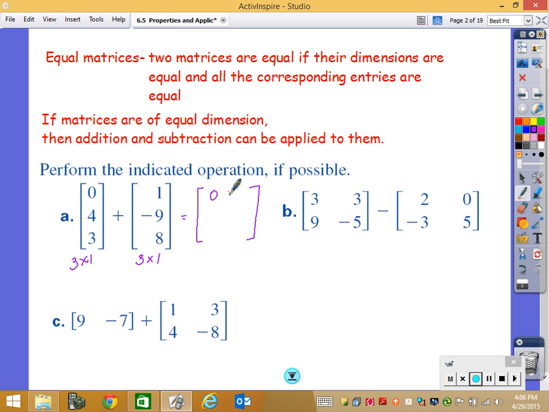Element 1 plus element 1, 0 plus 1, 4 plus negative 9, 3 plus 8. And it results in the matrix 1, negative 5, 11. Both of these pieces are going to be needed to show to give you credit.